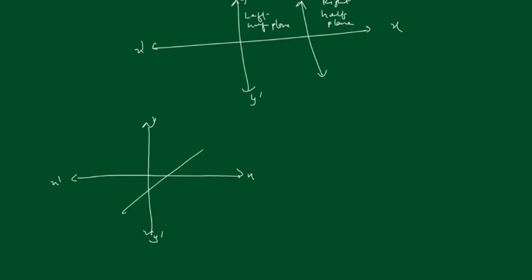So we take a line like this. So it is the upper half plane and the lower half plane, right? We can denote it like this geometrically.